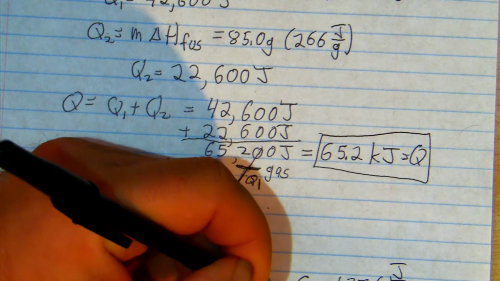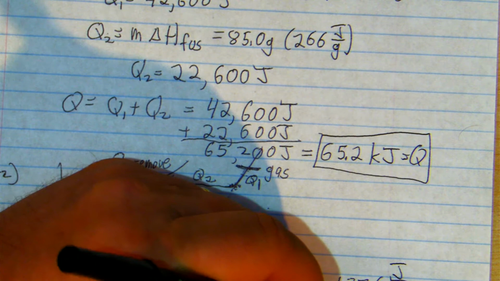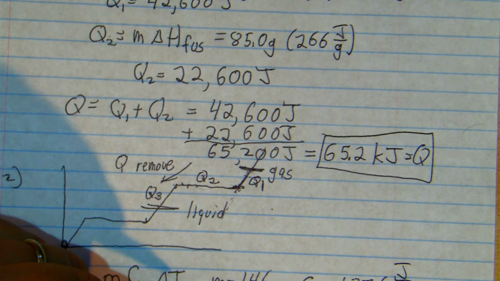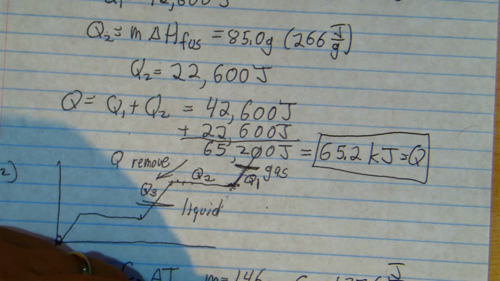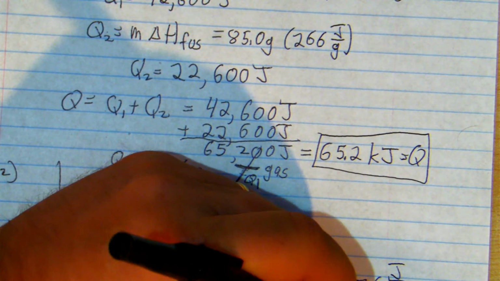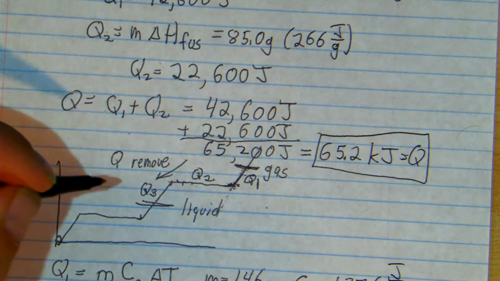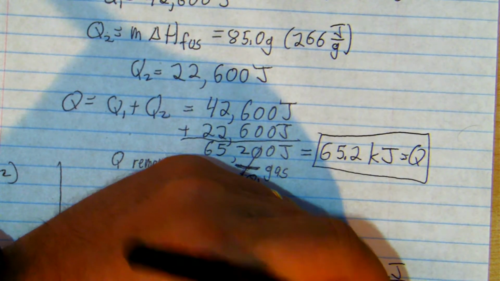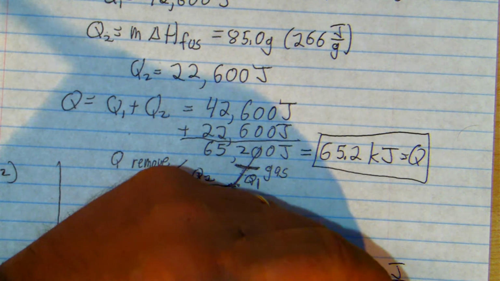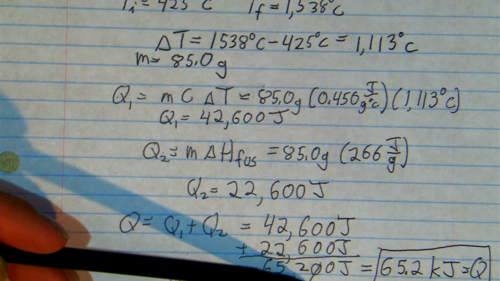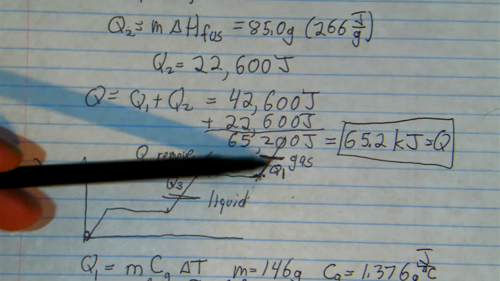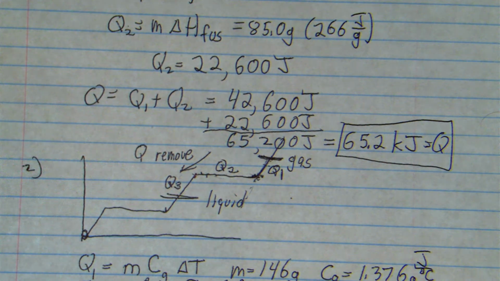I get negative 7,031.36. I'm going to do this to 3 sig figs. So negative 7,030 joules. That is Q1, the amount of heat energy removed from the gaseous methanol to cool it down to its boiling point.